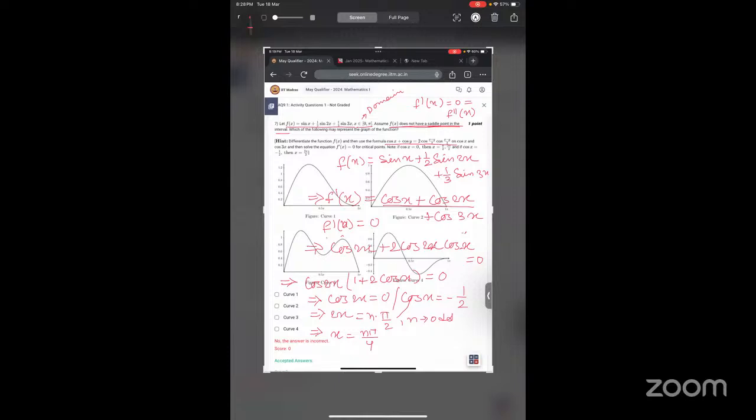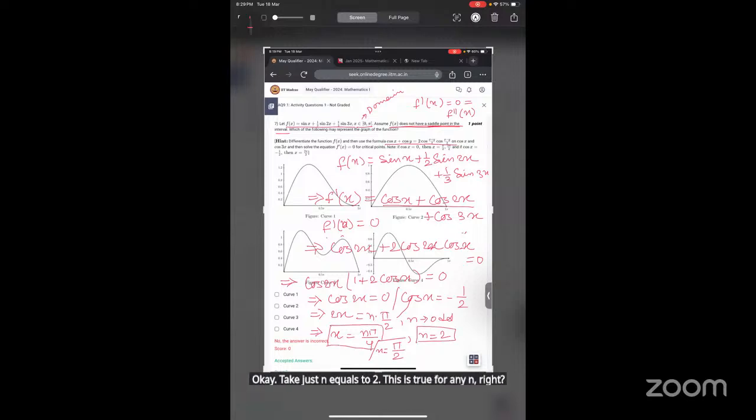At n pi by 4, either maxima or minima will be there, since a saddle point is not there. Agree?